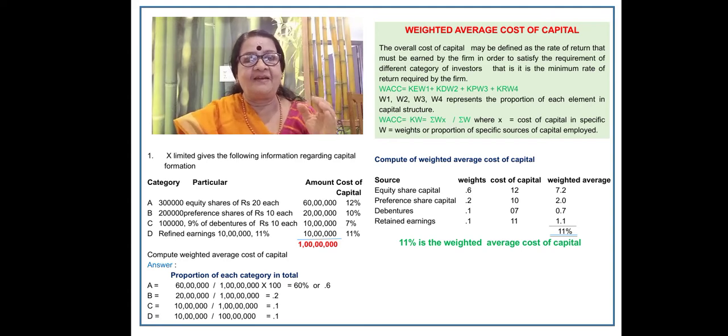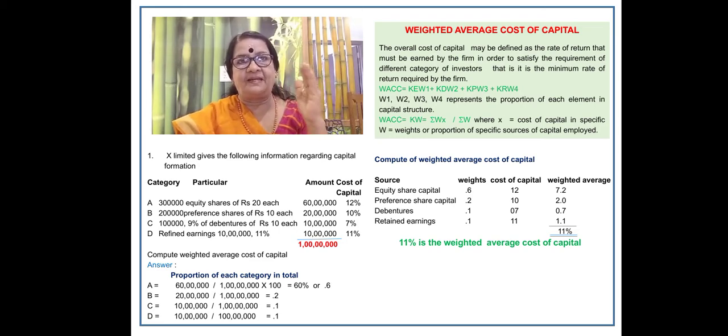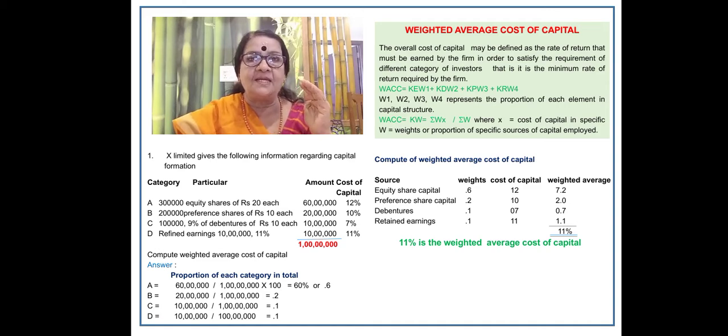The weighted average cost of capital can be computed as follows. That is weighted average cost of capital, WACC, equal to KE into W1 plus KD into W2 plus KP into W3 plus KR into W4.